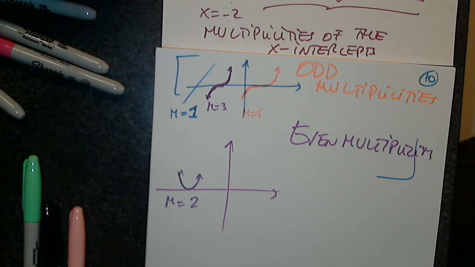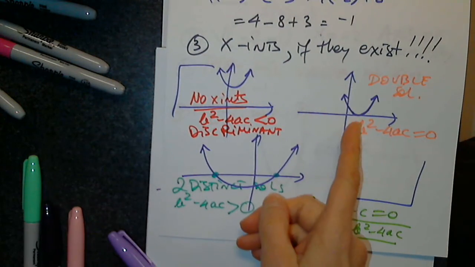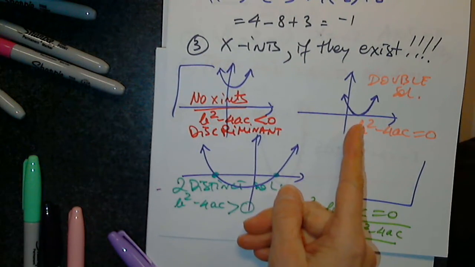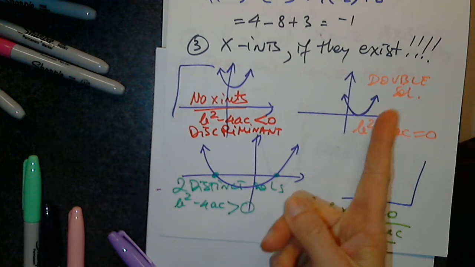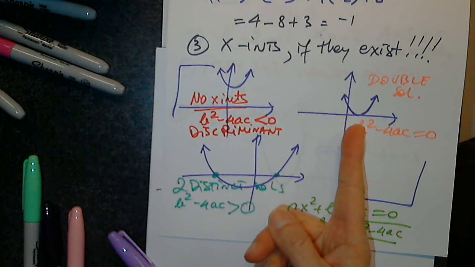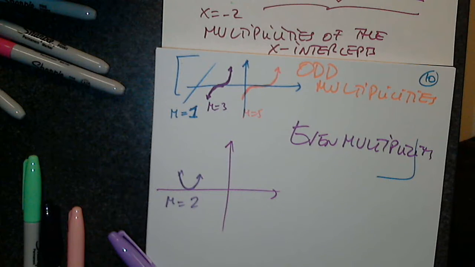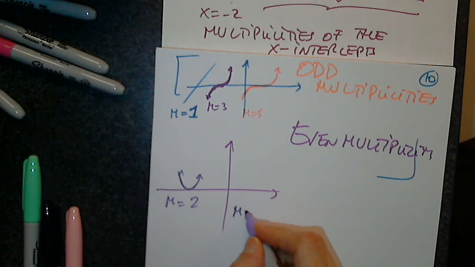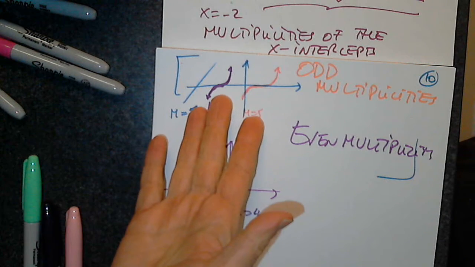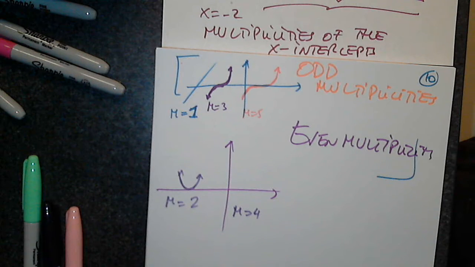Now, do you remember when we talked about this case? What did I say here? Right, that's why it's a turn. What do you think is going to happen if the solution has multiplicity 4? Exactly, the same idea, but the turn. Slow, but the turn.